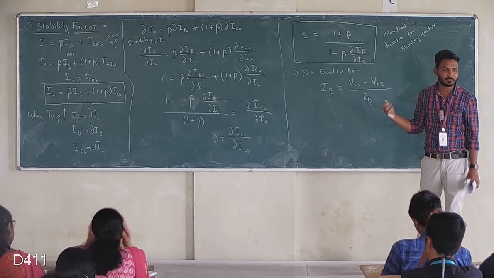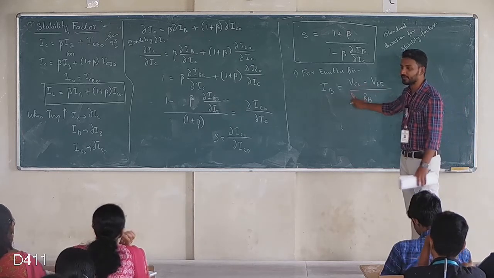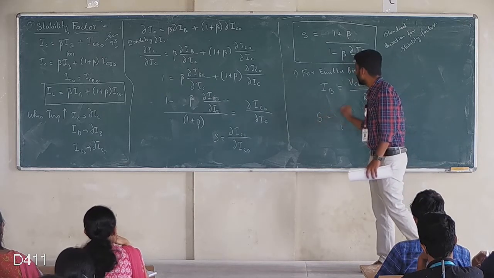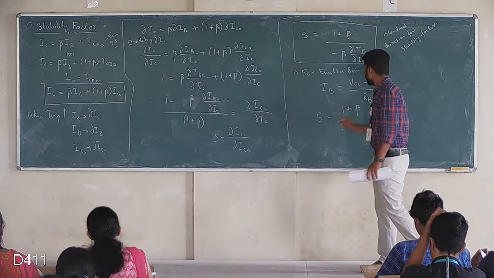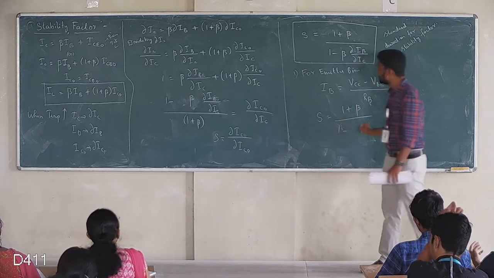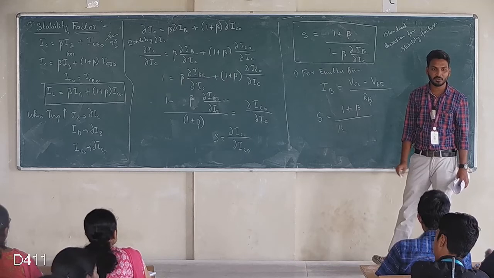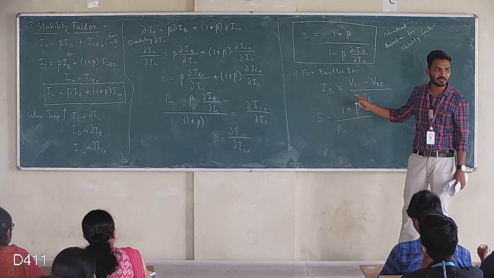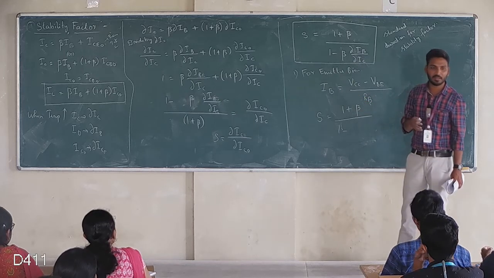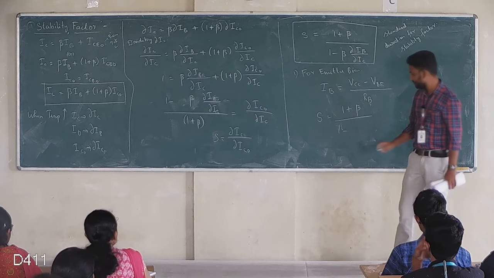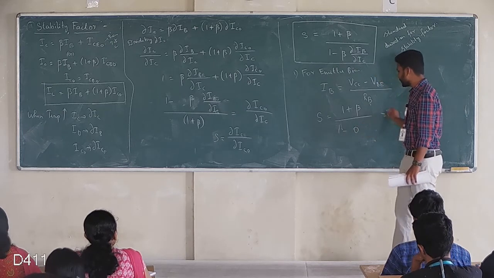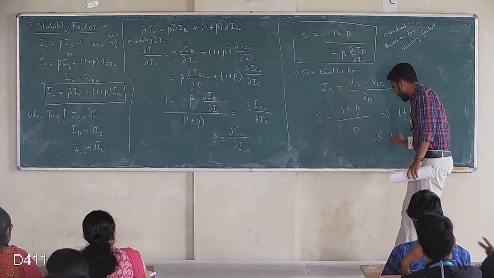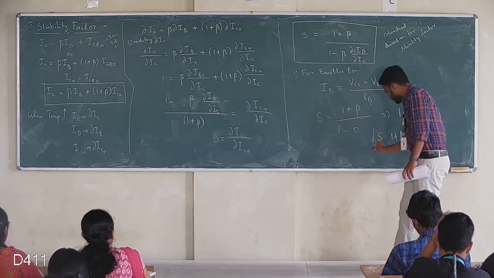S equal to 1 plus beta divided by 1 minus the derivative. Is there an IC term here? No, so the answer is 0. So 1 minus 0. So S equal to 1 plus beta. So for emitter bias, S equal to 1 plus beta.